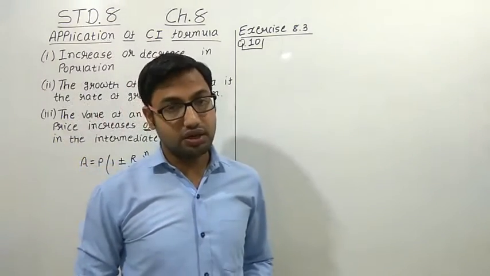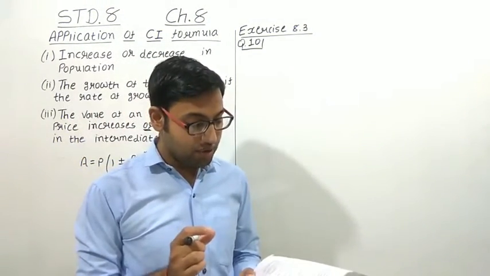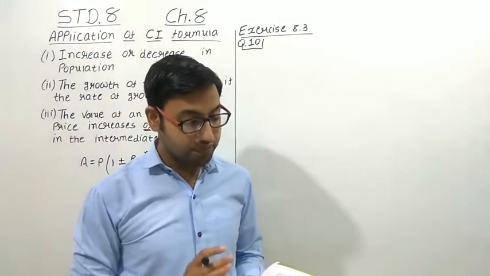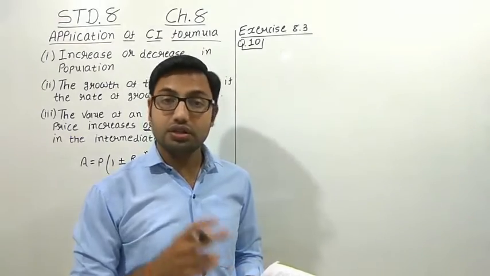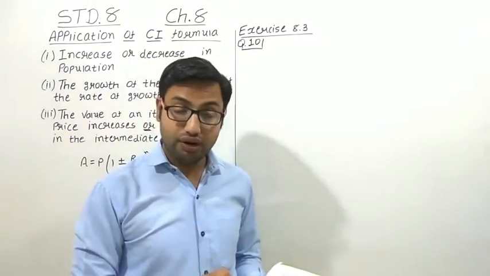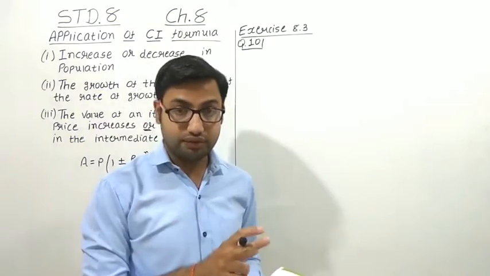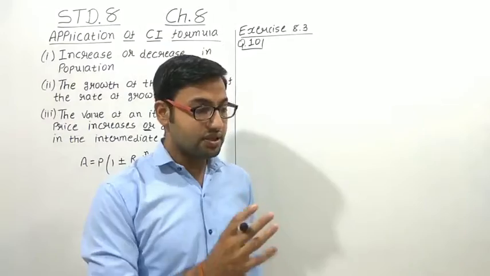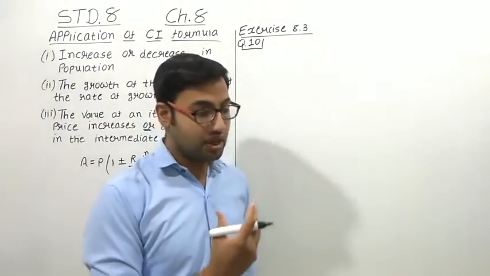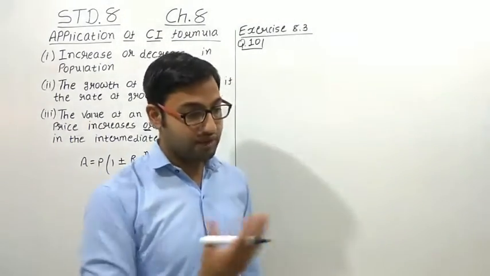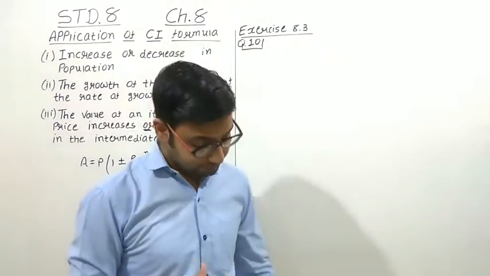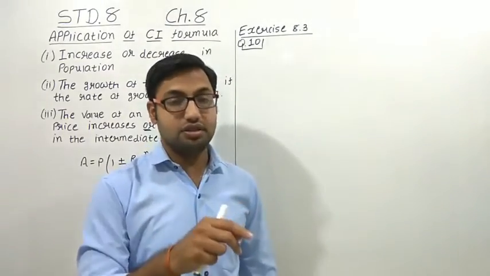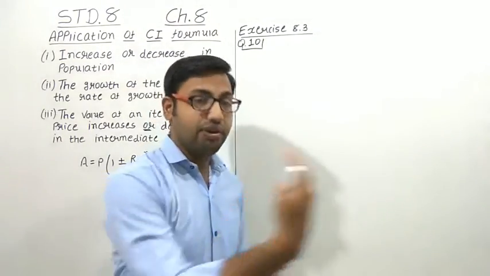Now here we have to think about whatever the amount we have given, 54,000. This is the population in 2003 and we have to find out the population in 2001. That means you can compare it, the population in 2001 means the principal amount, which we are putting into the bank or we are borrowing from the bank, and obviously if we return it back we have to add some interest and then return it.